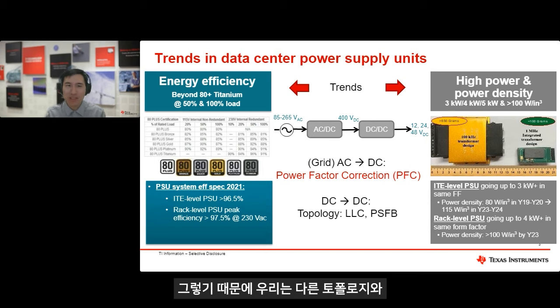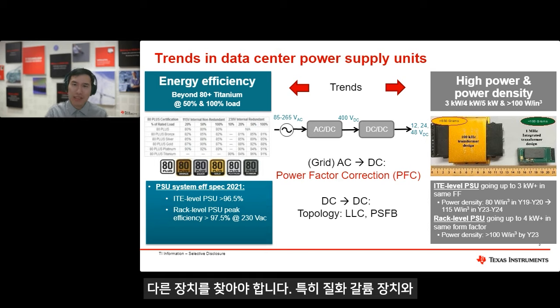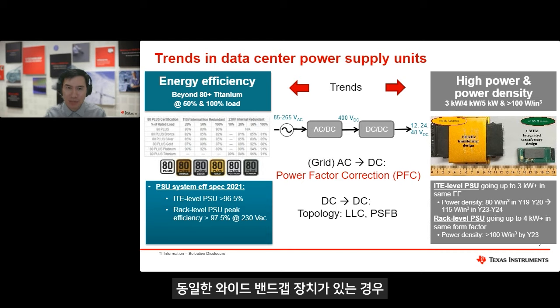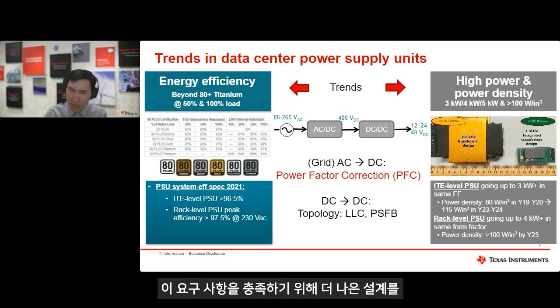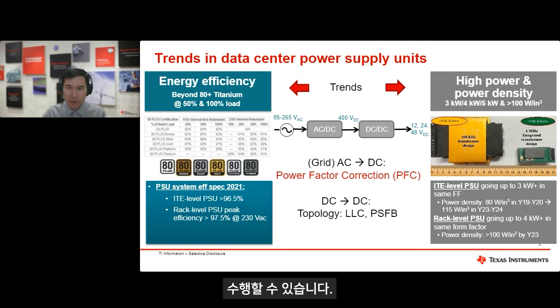That's why we need to explore different topologies and different devices, especially when we have wide bandgap devices, silicon carbide and gallium nitride devices out there. So we can do this kind of better design to meet this requirement.